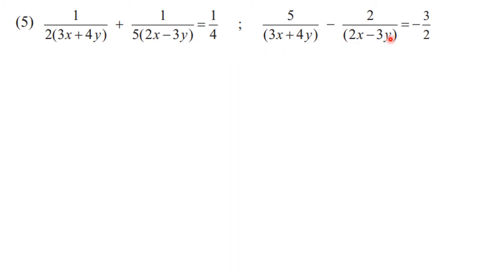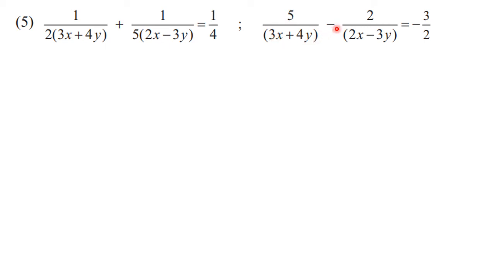Now in second equation, numbers are not present here on left hand side in denominator. But on right hand side it is present. And you don't want that 2. So to eliminate this 2, you have to multiply this equation by 2 everywhere. So when you will multiply by 2 here you are going to get 10 upon 3x plus 4y.